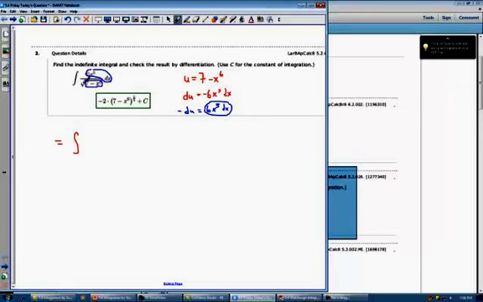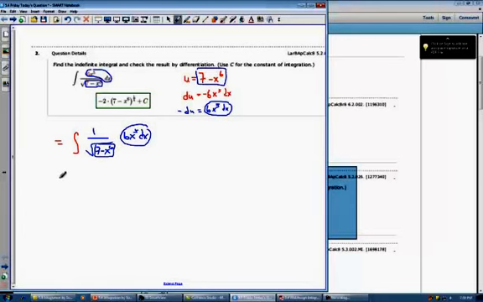Remember, I can rewrite this. So you can rewrite this as 1 over the square root of 7 minus x to the 6, all times 6x to the 5th dx. Then this is my negative du, and this right here is my u.